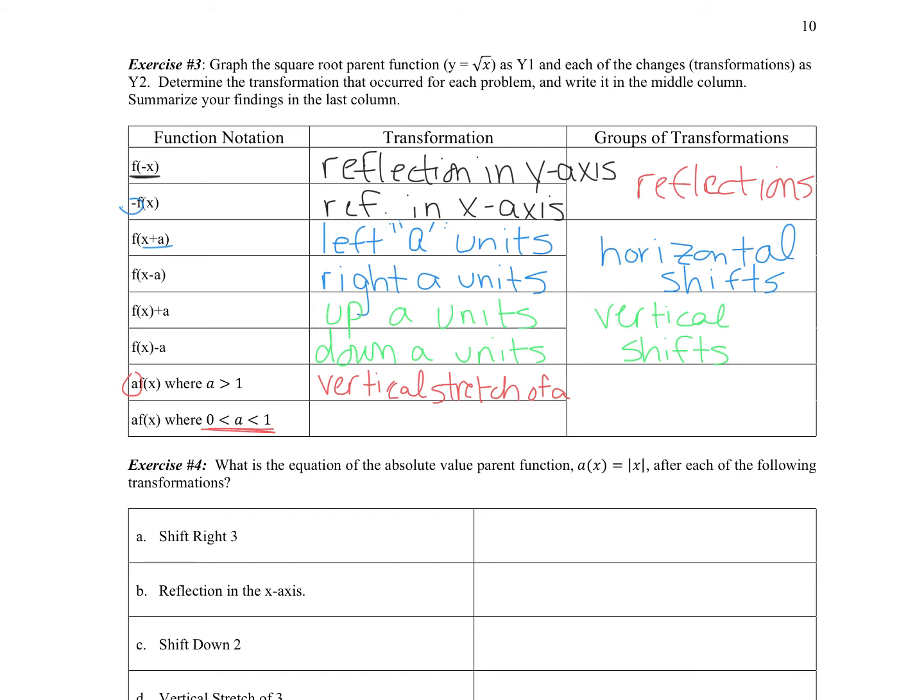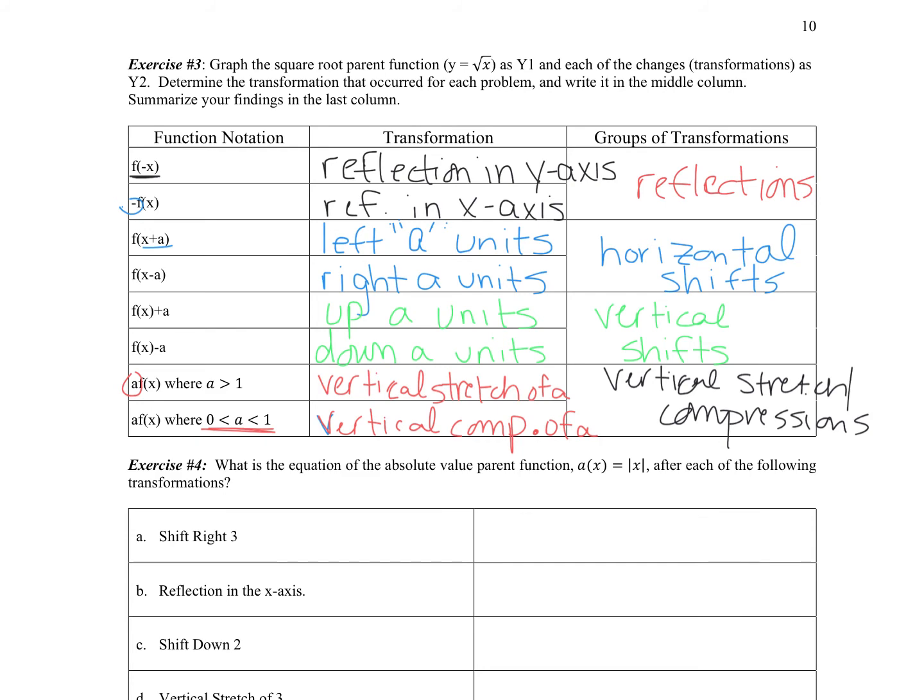But if it's a number between 0 and 1, so 1/2, 2/3, 0.7, anything that's between 0 and 1, that's a vertical compression of a. That's short for compression of a. So this section are our vertical stretches / compressions.